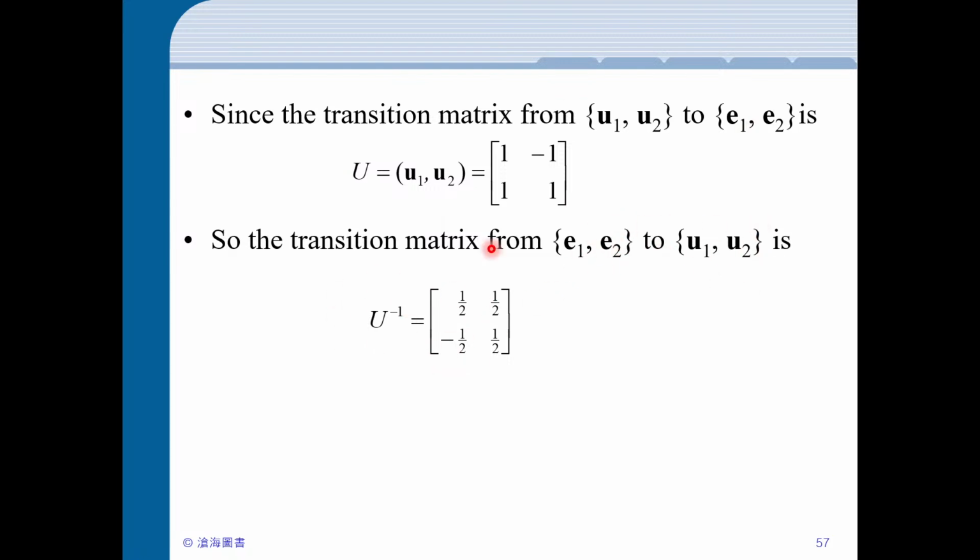That's the inverse of the transition from U1, U2 to E1, E2, which is just the matrix where you list U1 and U2. Here we skip calculating the inverse. Here is the inverse; you can probably find it with Cramer's formula.